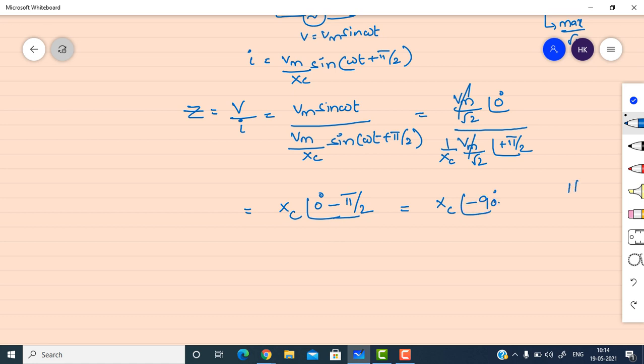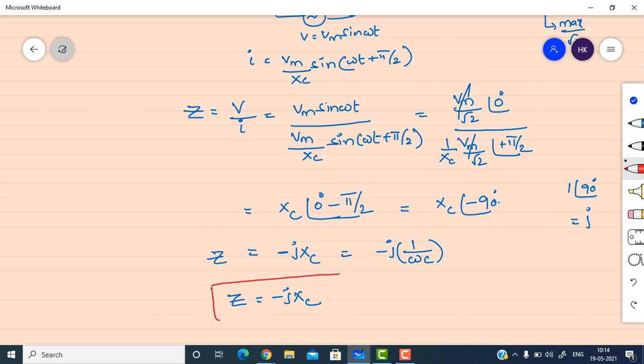Again the same thing, 1 at an angle 90 means we can replace that with the J operator, J. But here the minus sign is there, minus JXc, or minus JXc means 1 by omega C. So the impedance for the capacitor is minus JXc. The impedance for the inductor is JXL.